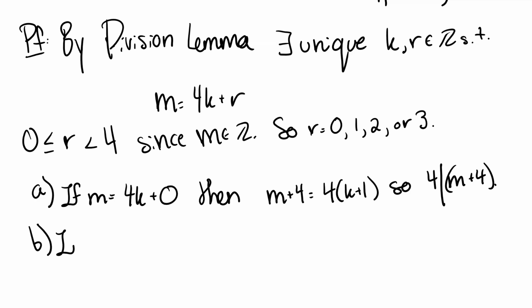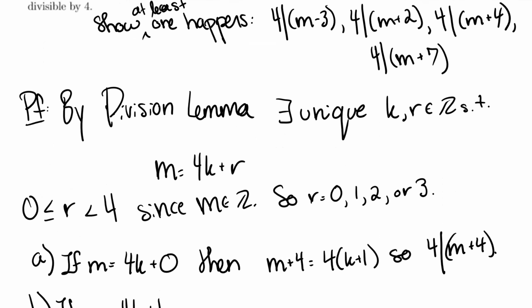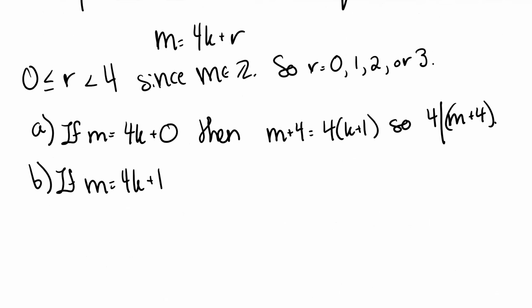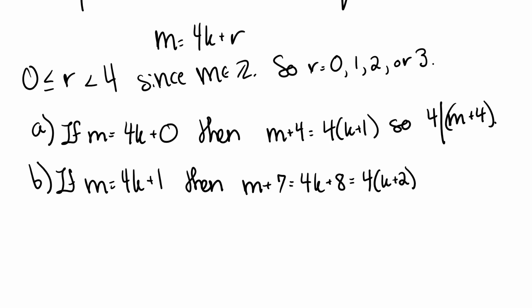B. If m equals 4k plus 1, I want to add something to 1, or subtract, that's also an option, such that I can divide by 4. Well, 7 plus 1, that's 8. That's definitely divisible by 4. Then m plus 7 equals 4k plus 8, which is 4 times k plus 2.